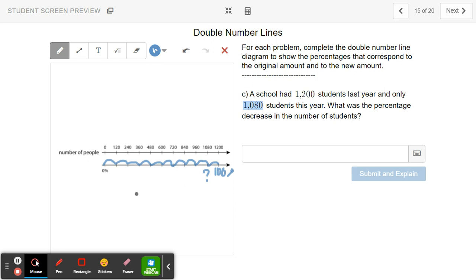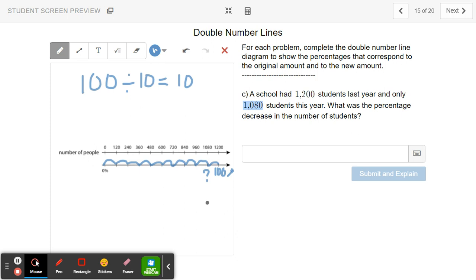So I'm trying to figure out if I take 100%, right, and I chop it up, because that's what's happening. It's being divided into equal pieces. So we're dividing it into 10 equal pieces. So 100 divided by 10 is 10, right? So I know that my percents are actually going up by 10% each time.